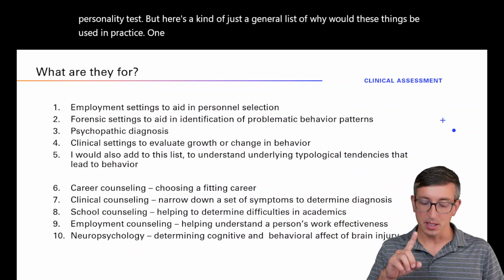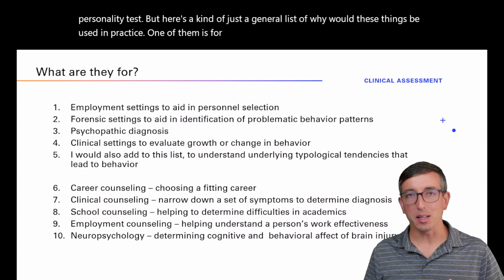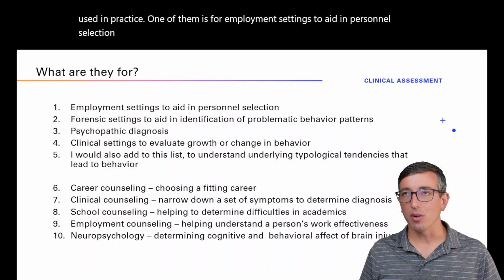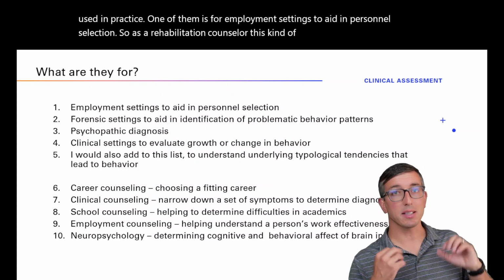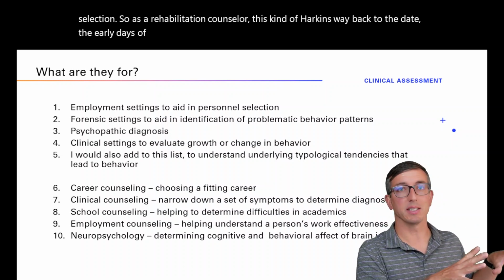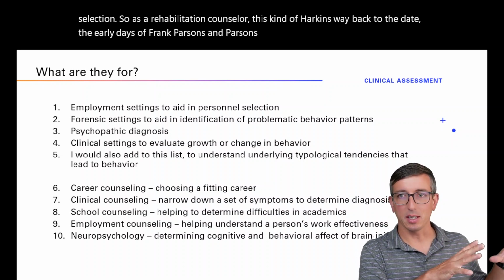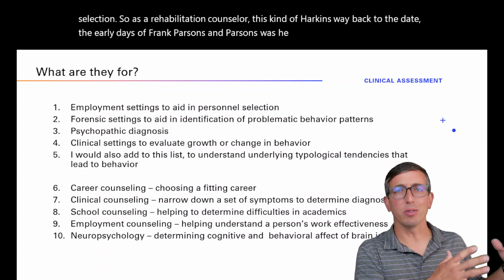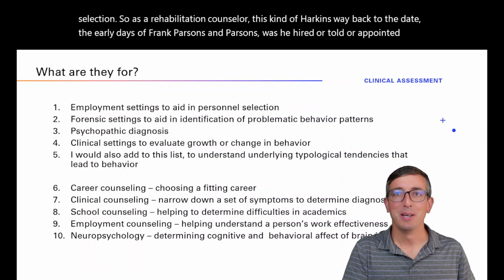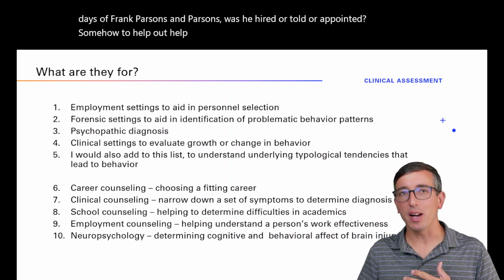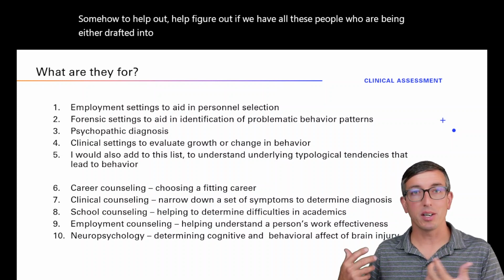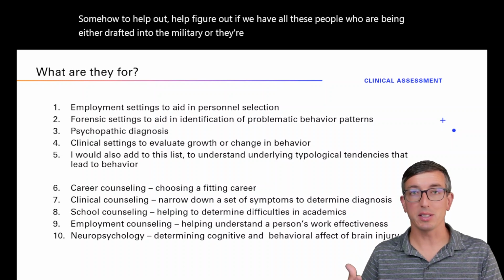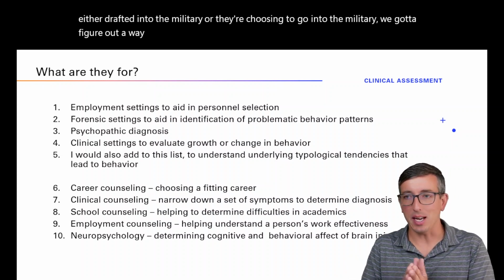One of them is for employment settings to aid in personnel selection. As a rehabilitation counselor, this harkens way back to the early days of Frank Parsons. Parsons was hired or appointed somehow to help figure out, with all these people being drafted or choosing to go into the military, a way to decide where they're going to go.